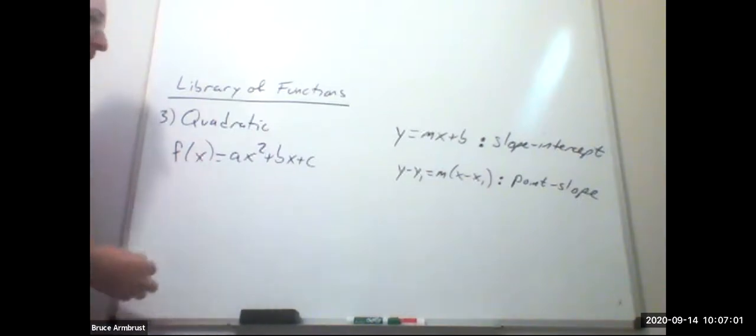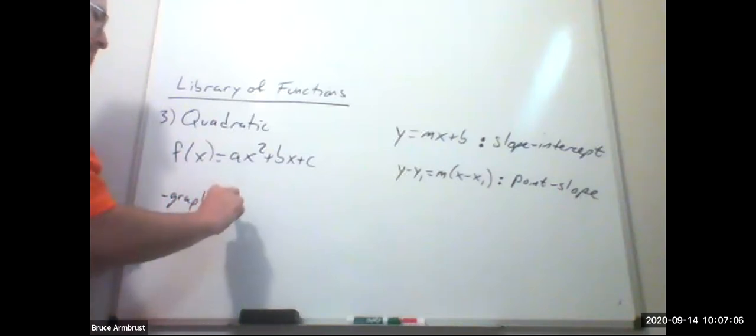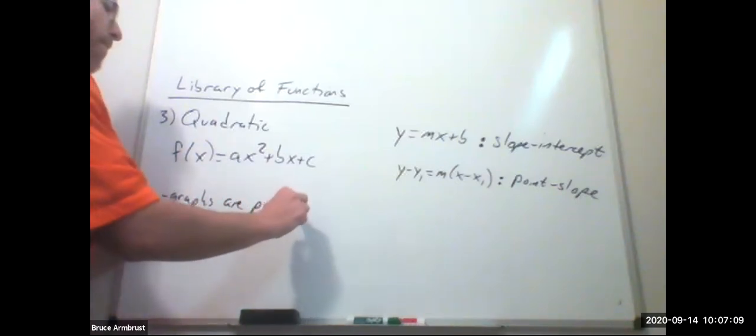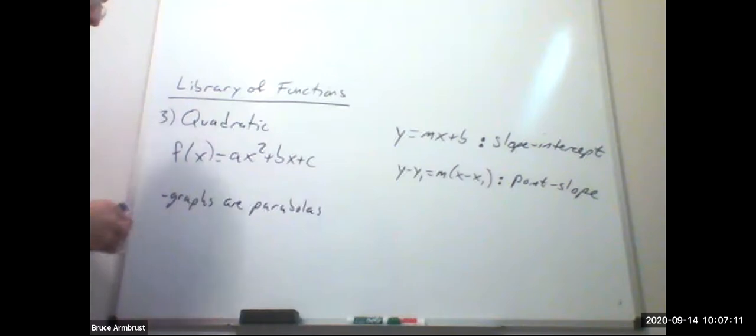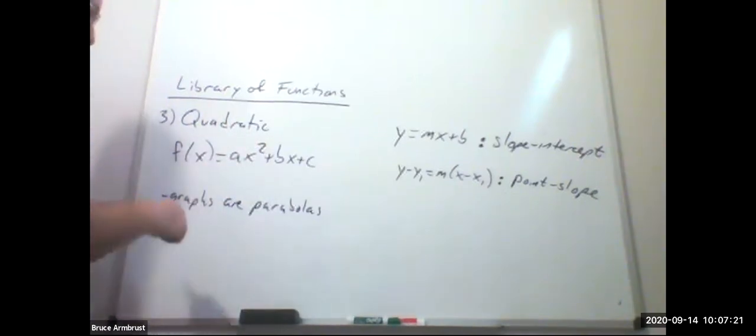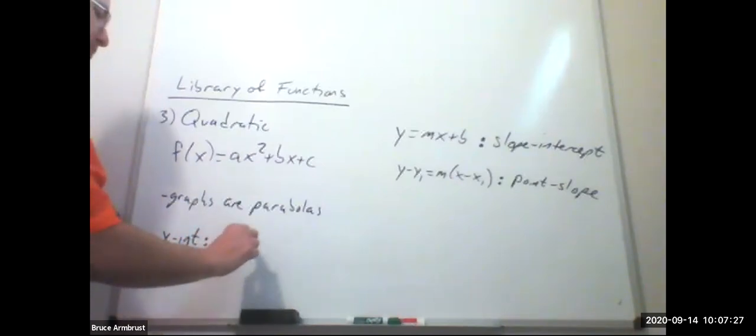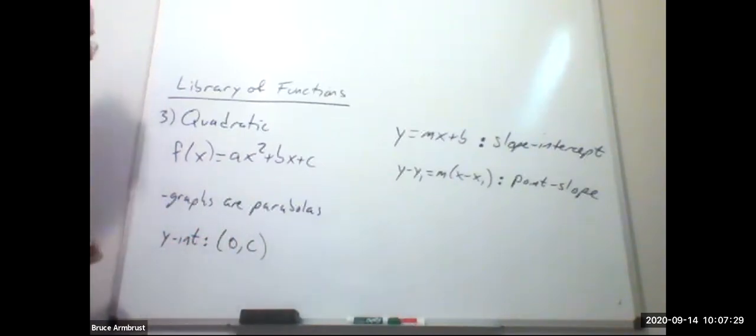All right, so their graphs are all parabolas. So a couple of things to help you if you want to get a real quick graph of the parabola. Some features that we know from this. Okay, the y-intercept is super easy to spot. It's just (0, c). So whatever the constant is at the end, that's your y-intercept.